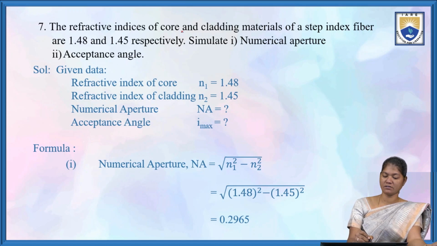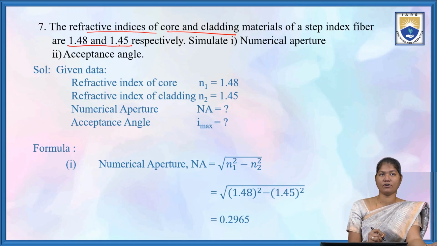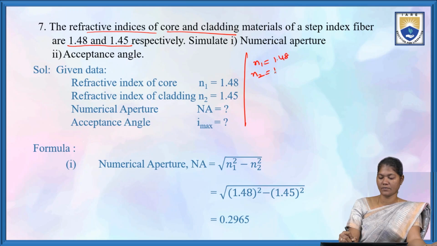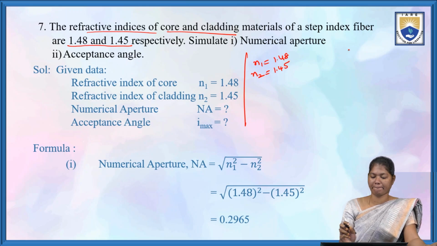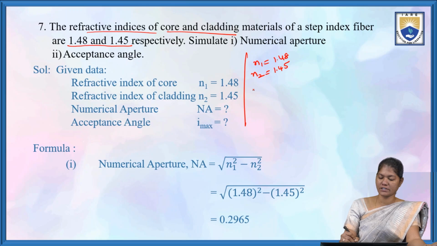So the given data: refractive index of core N1 is 1.48, refractive index of cladding N2 is 1.45. So calculate the numerical aperture and the acceptance angle i maximum.